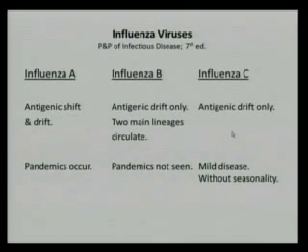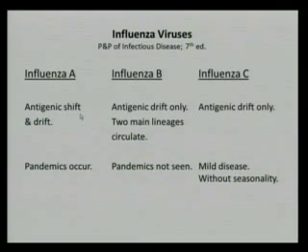Now, as I said, there's 3 types of virus, but there are important differences. All the viruses can undergo what's called antigenic drift, and I'll define that a bit more in a minute. But that allows the virus to change a little bit from season to season, and may be responsible for epidemics that occur periodically.